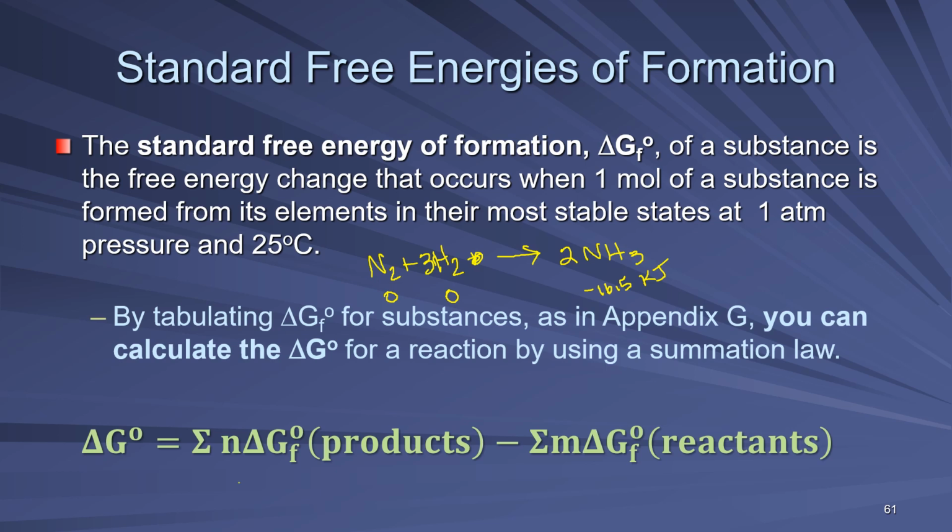So this would be negative 2 times 16.5 minus 0, so that would be negative 33.0 kilojoules. So notice that's slightly different from the last page, which was negative 32.8.